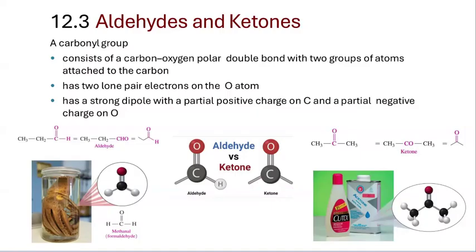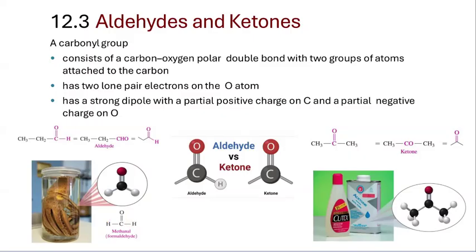At the bottom of the slide, we have the structural examples of the smallest aldehyde and ketone, respectively. On the left side, we can observe that methanal is the smallest aldehyde. There's only one carbon atom, and on either side, we have hydrogens.